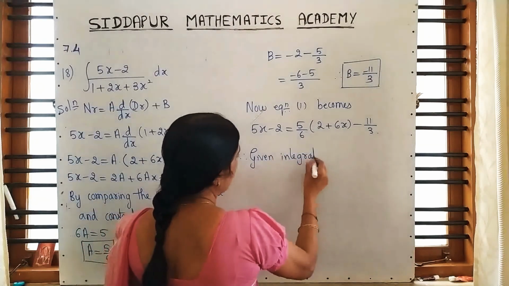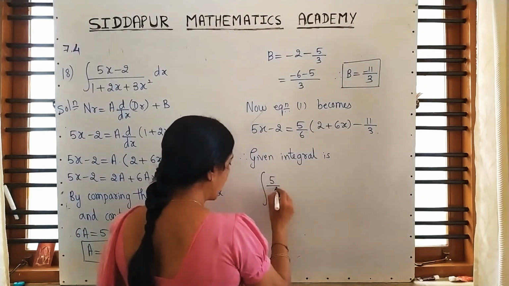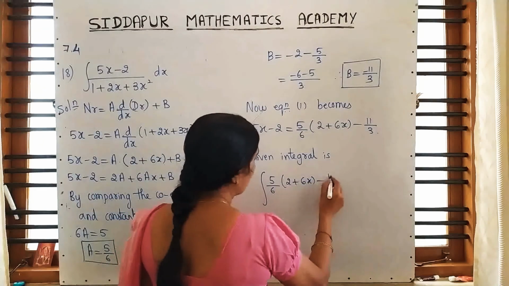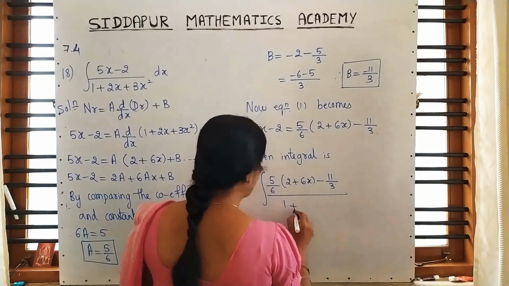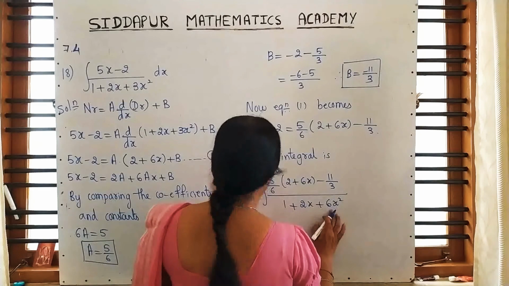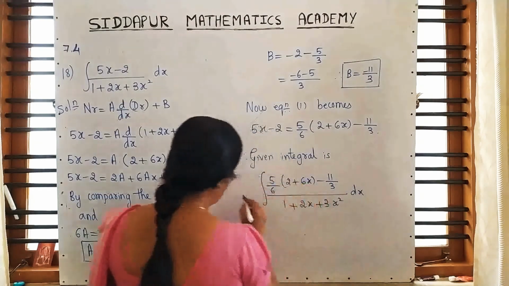Instead of the numerator I am writing 5 upon 6 (2 + 6x) − 11 by 3, whole divided by (1 + 2x + 3x²) dx.